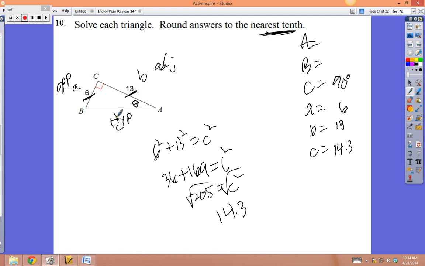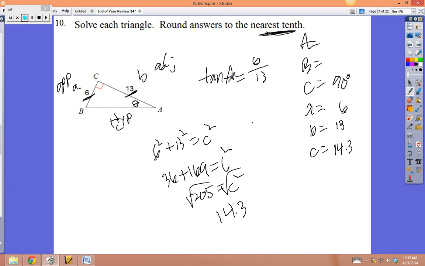Which trig ratio uses the opposite with the adjacent? It's got to be tangent. So the tangent of A is going to be 6 over 13.